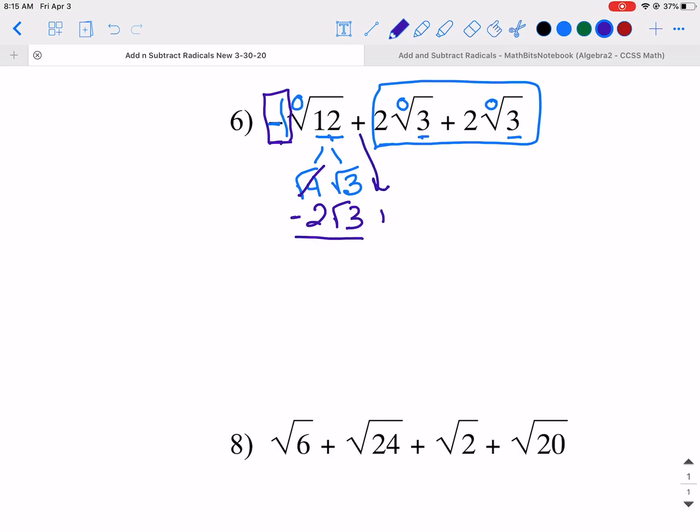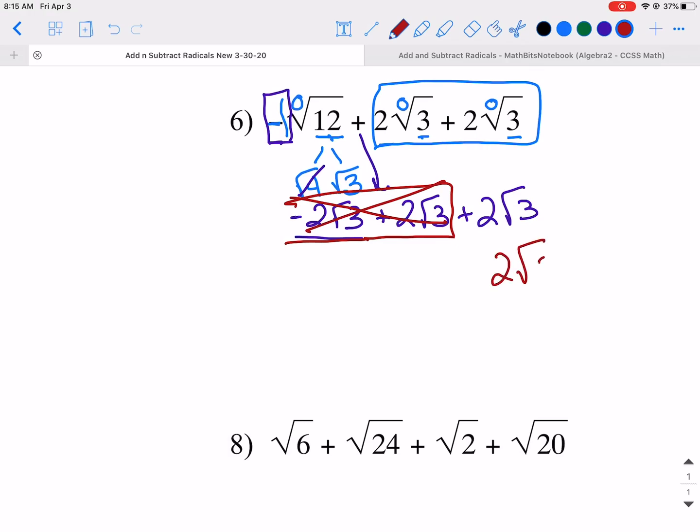And then I have plus 2 radical 3 plus 2 radical 3. So combining all of those things, I simply start to combine them. I look at my negative 2 radical 3 and I add a positive 2. That cancels out and I'm left with 0. So my final answer is 2 radical 3.